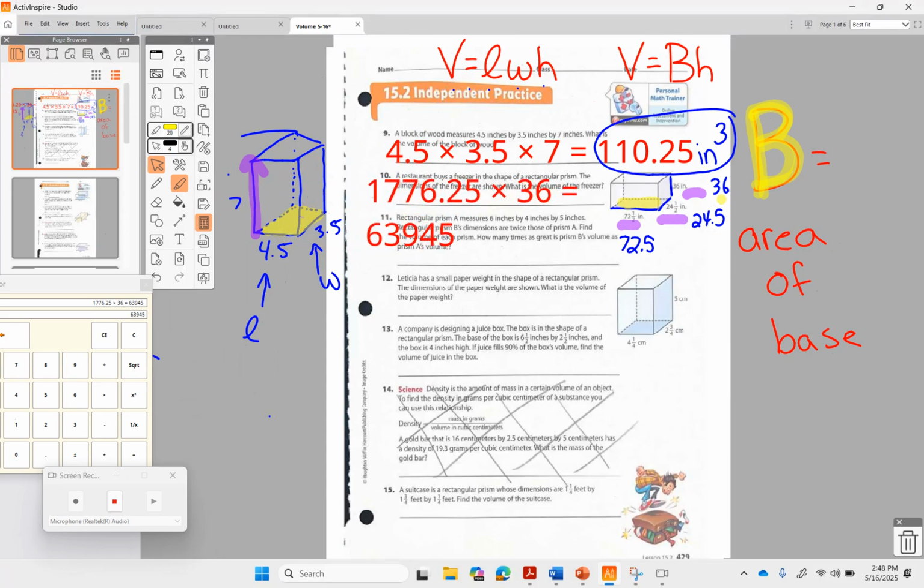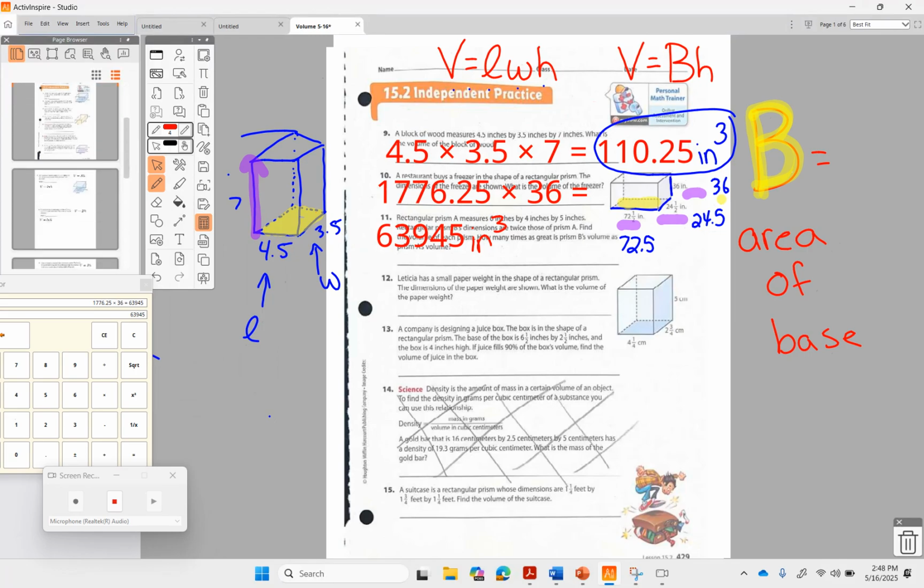Okay, so area of the base, 1,776 times 36, which is the height, is 63,945, and this is inches to the 3rd power. So that gives you an idea of how to do these problems.